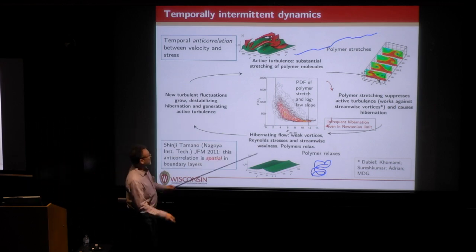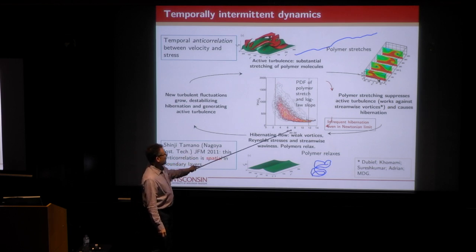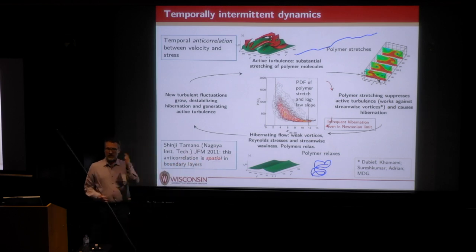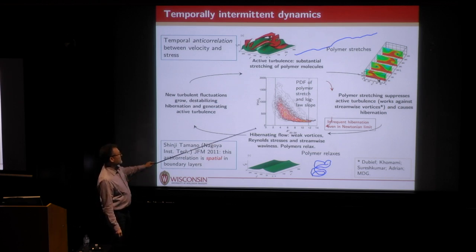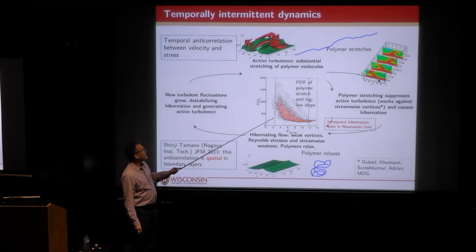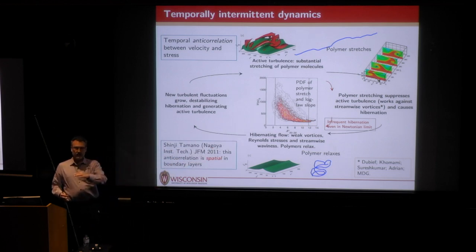The plot in the middle is just a joint PDF of the degree of polymer stretching versus the strength of the local velocity profile. What's interesting here is that when the stretching is high, basically the velocity profile looks more Newtonian.